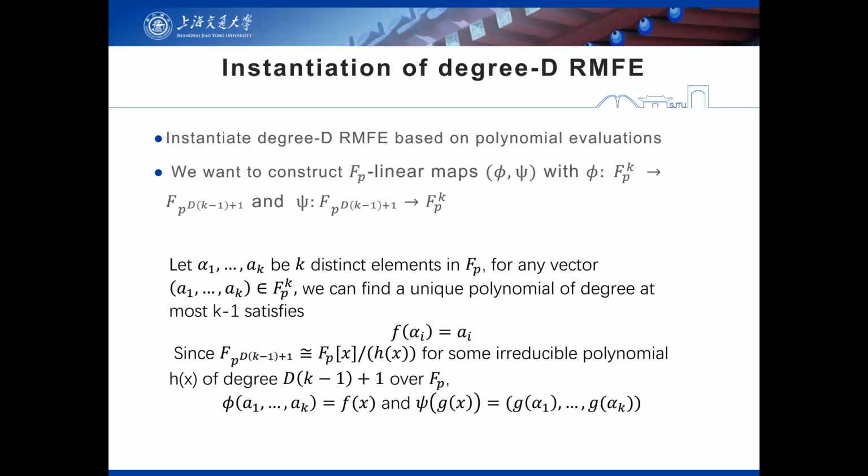Because here we don't use the extension field itself but this representation, psi just maps g(x) to g(alpha_1) to g(alpha_k), because each element in this extension field we can think of as a polynomial. So we use polynomial evaluation to do the mapping back.